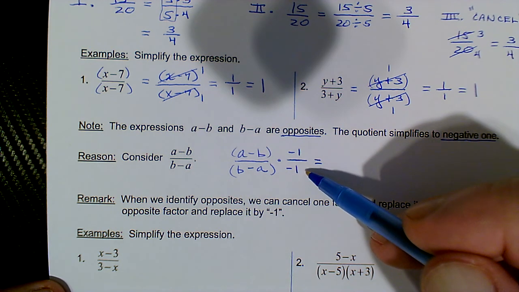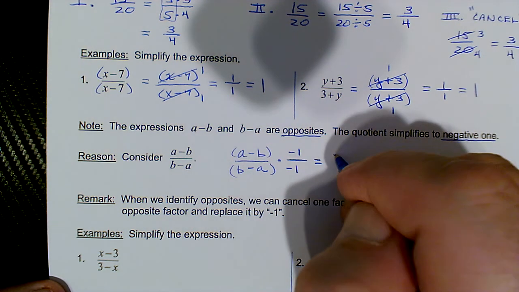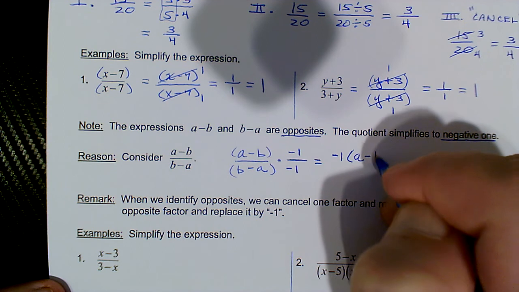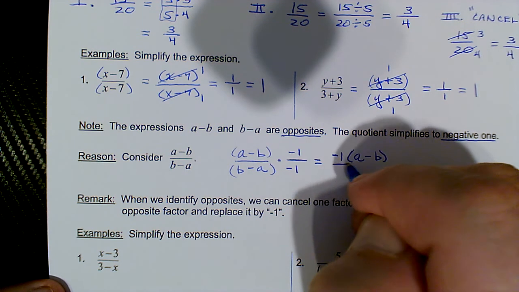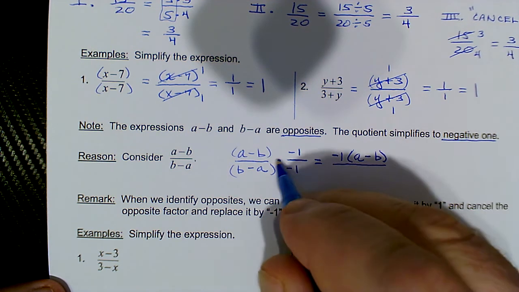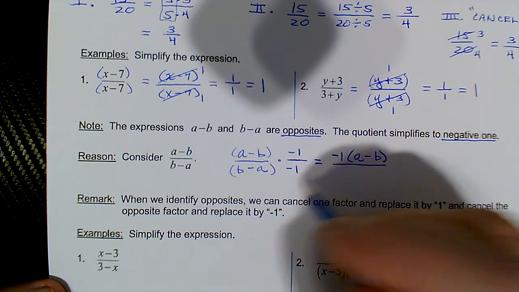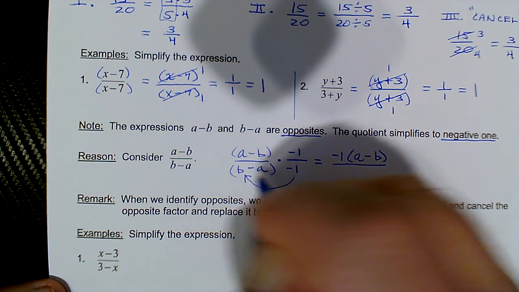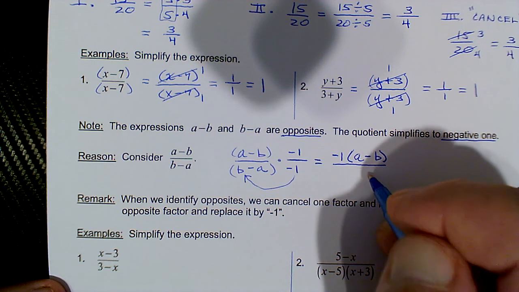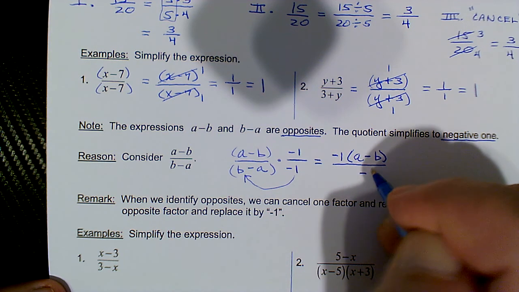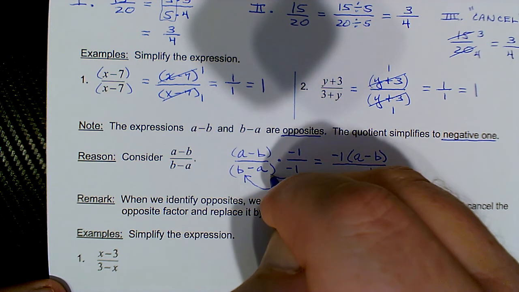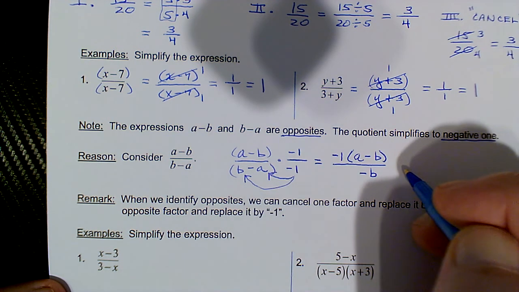I'm just going to reverse the order and write this as -1 times the binomial quantity a minus b. But in the denominator, I'm going to distribute the -1. And when I multiply it by the b, I get a -b. And notice how I'm going to strategically place this here more so to the right, because when I distribute this -1 to the -a, I get a positive a. And so that gives me a minus b.